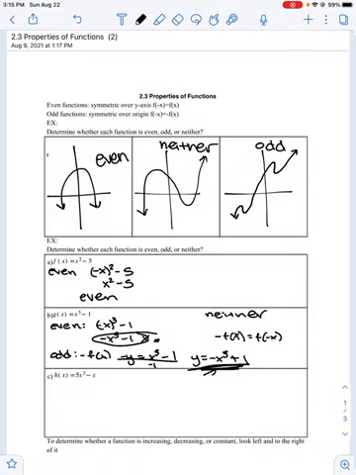And then lastly, let's start with even. So 5 negative x cubed minus negative x. That's negative 5x cubed plus x. That does not equal the original equation, so it's not even. Now to test for odd, we're going to start with that negative. So negative y equals negative 5x cubed minus x.